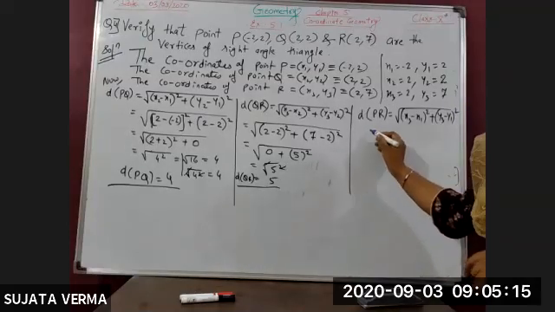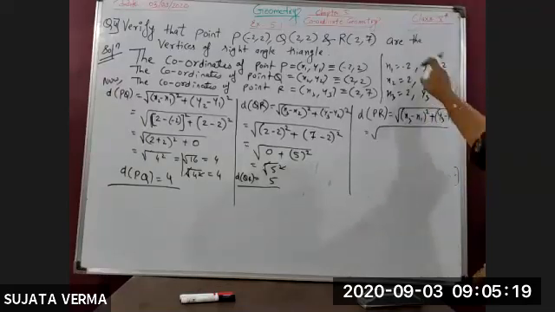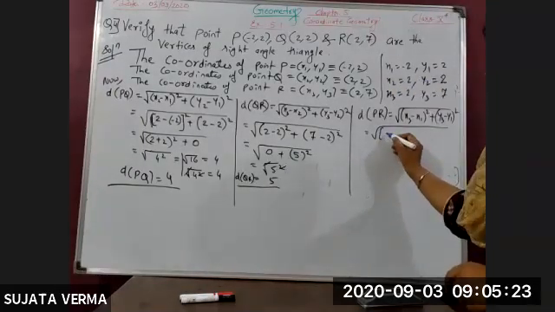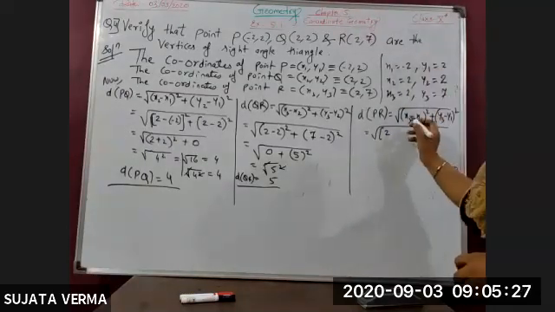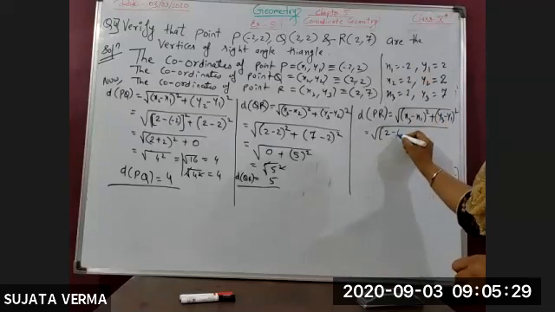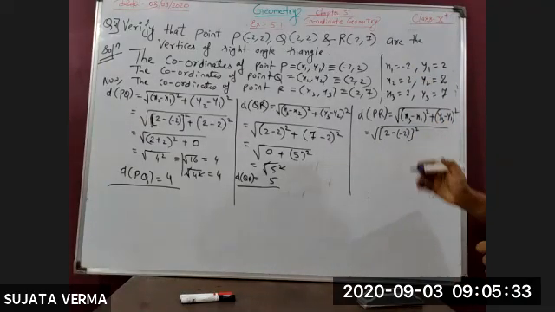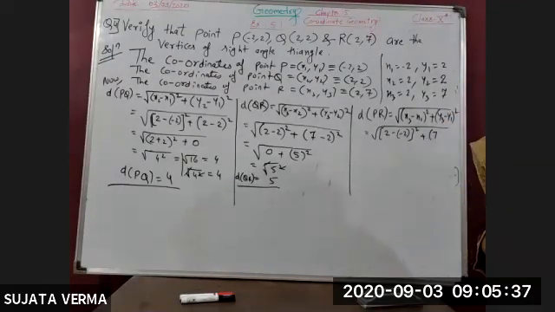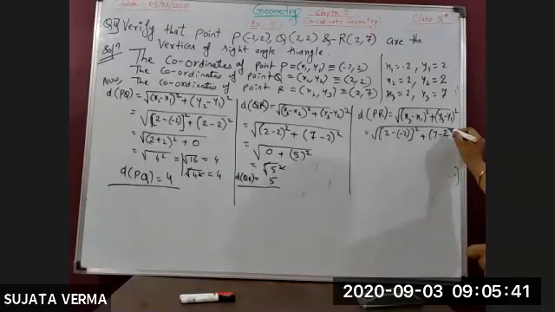Now next step, put the values of x3, x1, y3, y1 from this. x3 is equal to 2 and x1 is equal to minus 2. Plus y3 is equal to 7 and y1 is equal to 2.